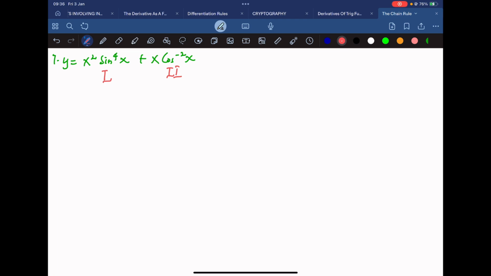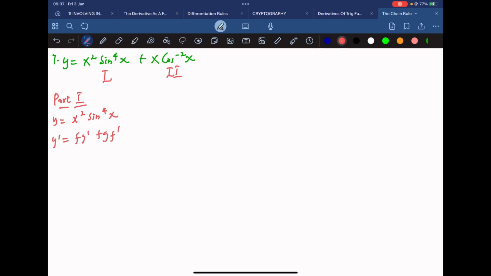For part 1, let's assume we have y equal to x squared sine exponent 4x. Now, to differentiate this, remember, since we have two functions multiplying, we can use the product rule.